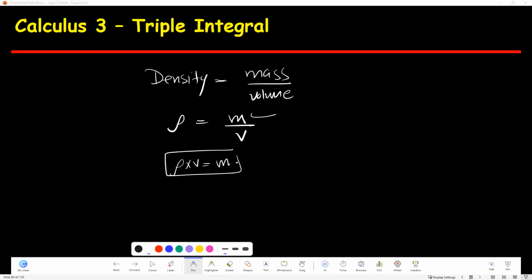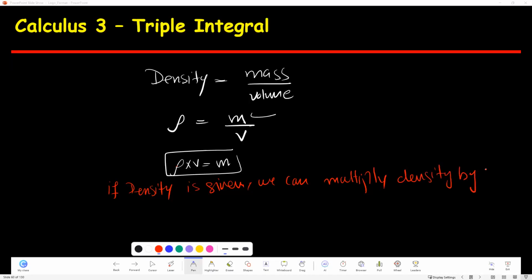Our goal in this topic, to connect to our calculus discussion, is this: if density is given, we can multiply density by volume to determine mass.